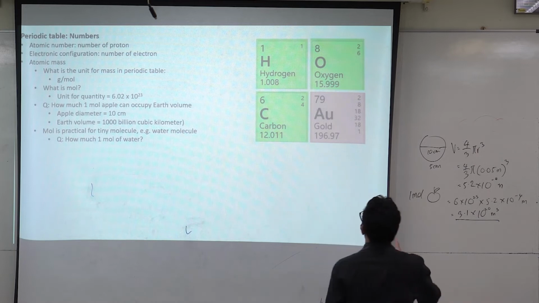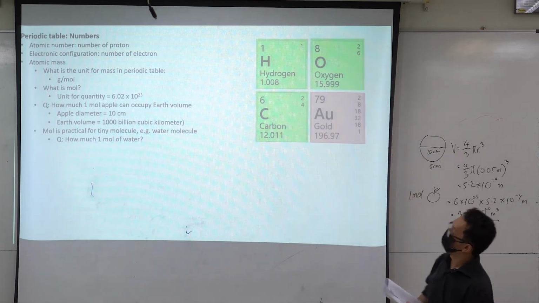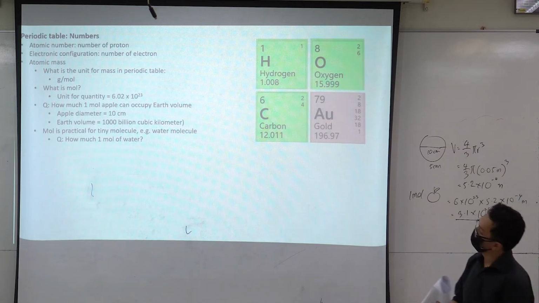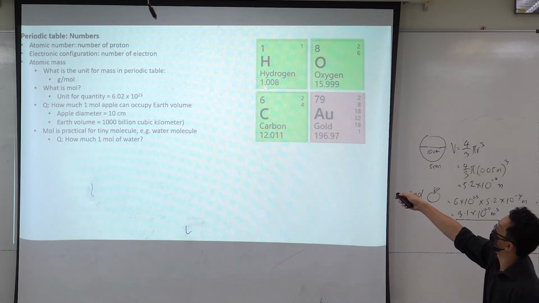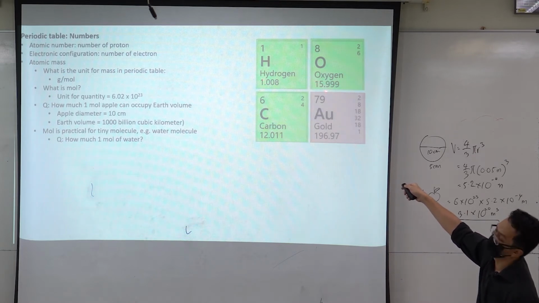This is the purpose of this. So you see at the bottom here, you can get this under hydrogen. For 1 mole you have 1, and this is 16.